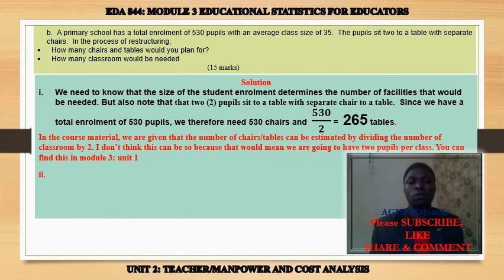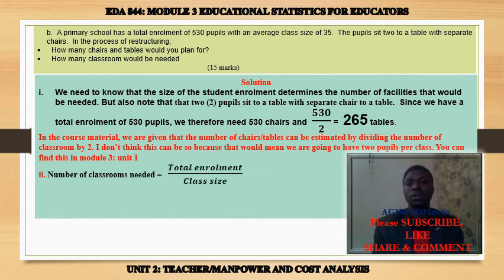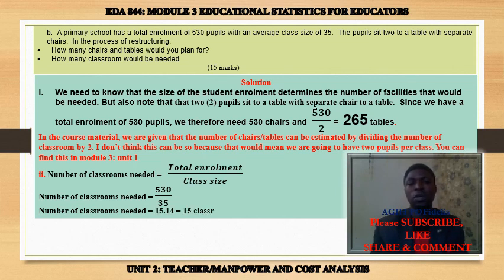And then to calculate the number of classrooms, all we need to do is to divide the total enrollments by the class size. We have the total enrollments to be 530 and the class size is given as 35. When we do this, we have 530 over 35, and the number of classrooms needed will be equal to 15.14.